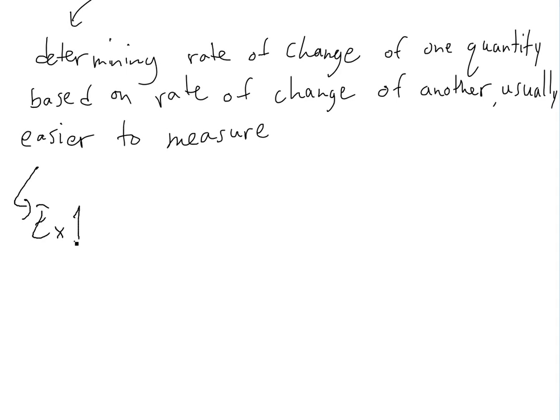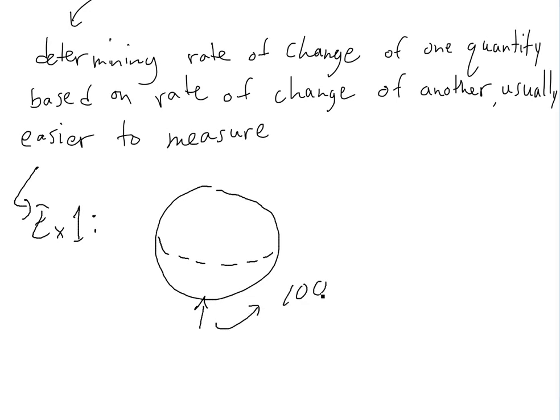Let's go example 1. Say you had a circular balloon and you're filling it at a constant rate, let's say 100 centimeters cubed per second.